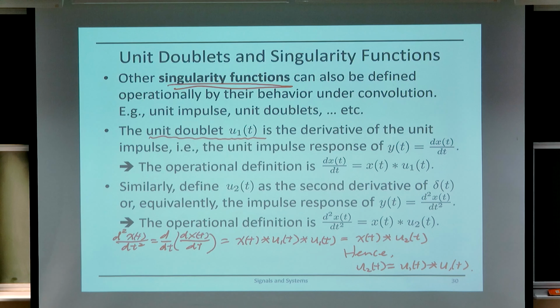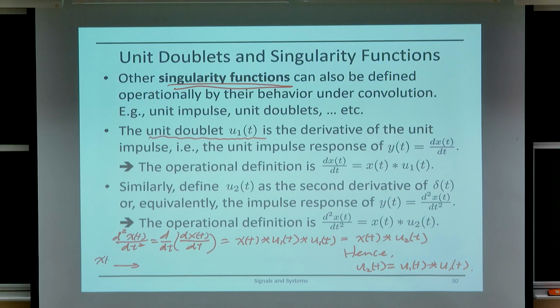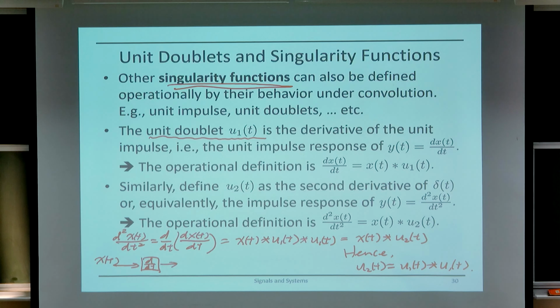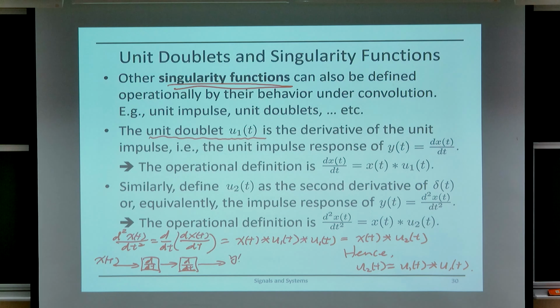Okay, so if you plot this in terms of a block diagram, if you view it in this form, this is like passing x of t through a differentiator that has impulse response u sub 1 of t, and through another differentiator, to yield the output y of t equal to the second derivative of x, okay?